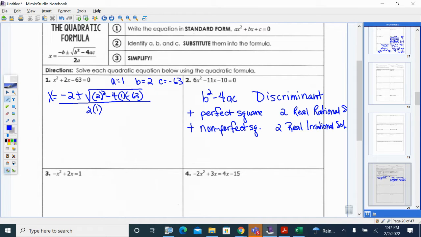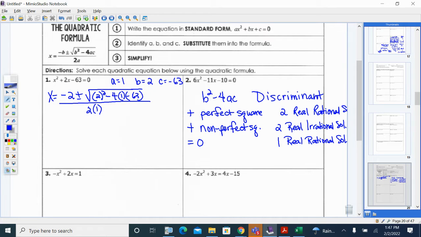If your discriminant is equal to 0, then you're going to have 1 real rational solution.